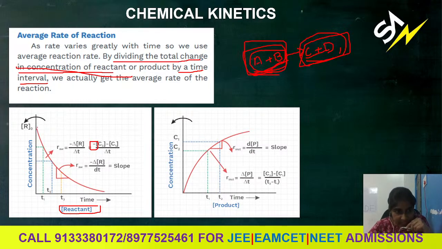Here the graph will be a downward curve for the reactant, because the reactant's concentration is decreasing. For the product, the concentration of the products is increasing, so it will be an upward curve with a positive slope.